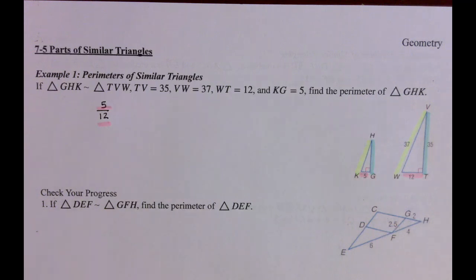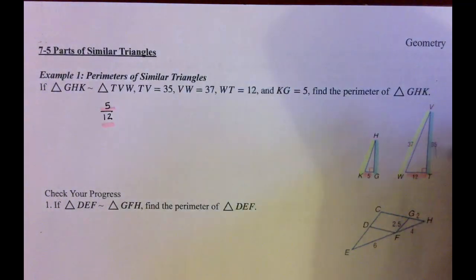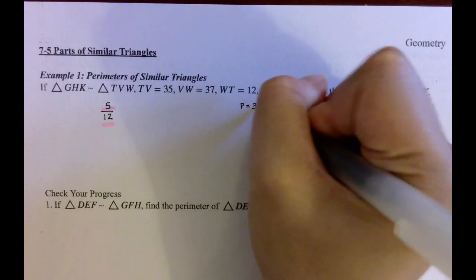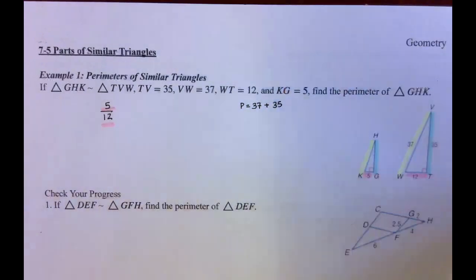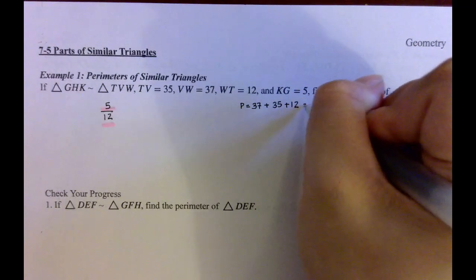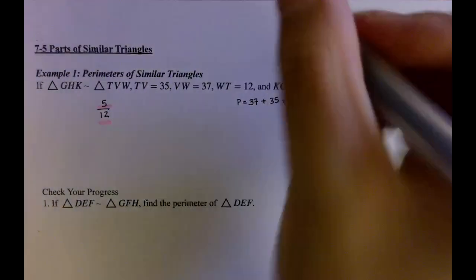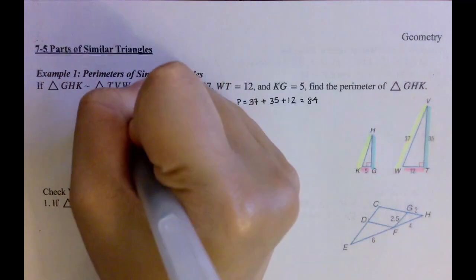So then the perimeter of triangle TVW would be 37 plus 35 plus 12. So 37 plus 35 plus 12 gives us 84. So the perimeter of our bigger triangle is 84.